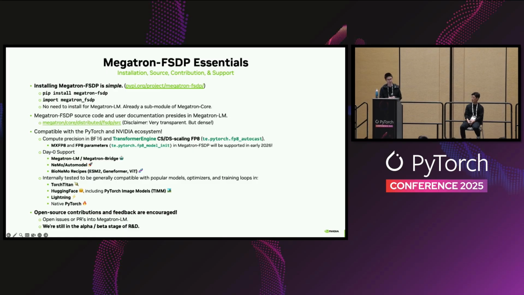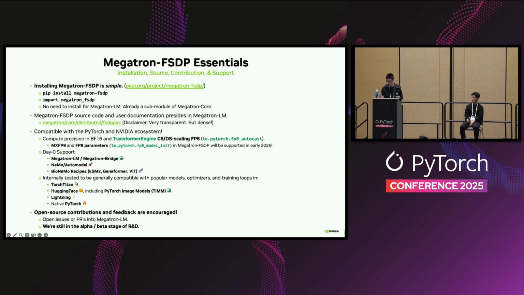We support compute in both BF16 and also TransformerEngine current scaling and delayed scaling FP8, while MXFP8 and FP8 weight support will be promptly tested and supported in early 2026. Day 0 support for Megatron-FSDP is in Megatron-LM, Megatron Bridge, NeMo Auto Model and BioNeMo recipes. I've also casually tested Megatron-FSDP in TorchTitan, the Hugging Face ecosystem, Lightning, and native PyTorch. So it's generally compatible with most training frameworks.